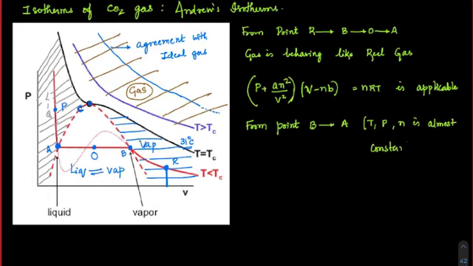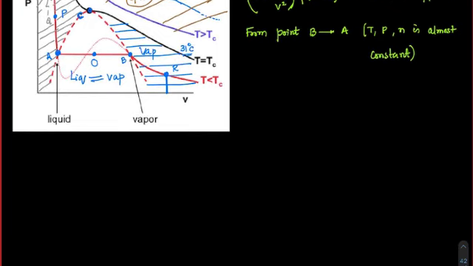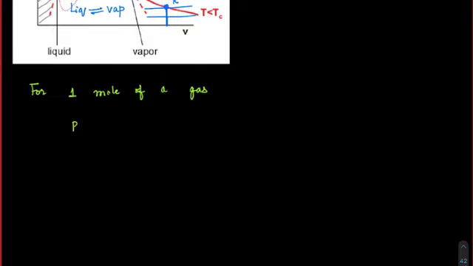Well, number of moles is anyway constant. So suppose I take it for 1 mole of a gas, the equation will turn out to be (P plus a by V square) into (V minus b) is equal to RT. This is what will happen.